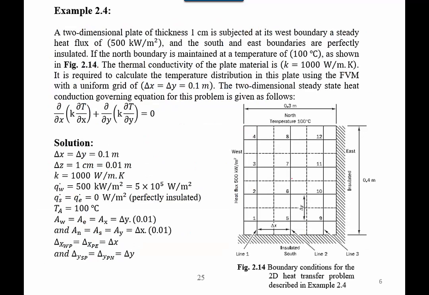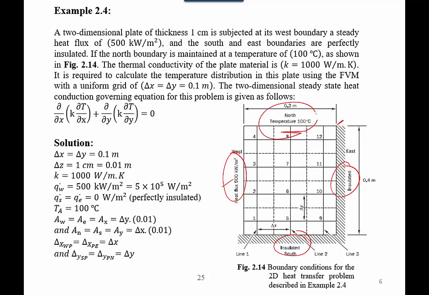Let's take an example for the two-dimensional case study. As shown in figure 214, a two-dimensional plate of thickness 1 cm is subjected at its west boundary to a steady heat flux of 500 kilowatt per square meter, and at the south and east boundaries there is perfect insulation.